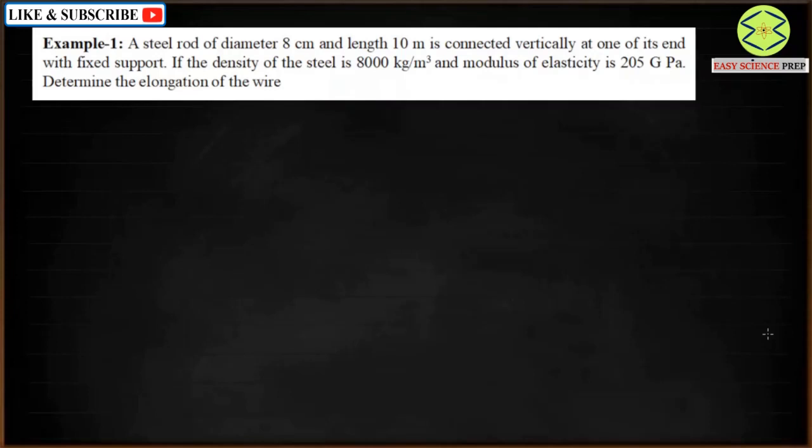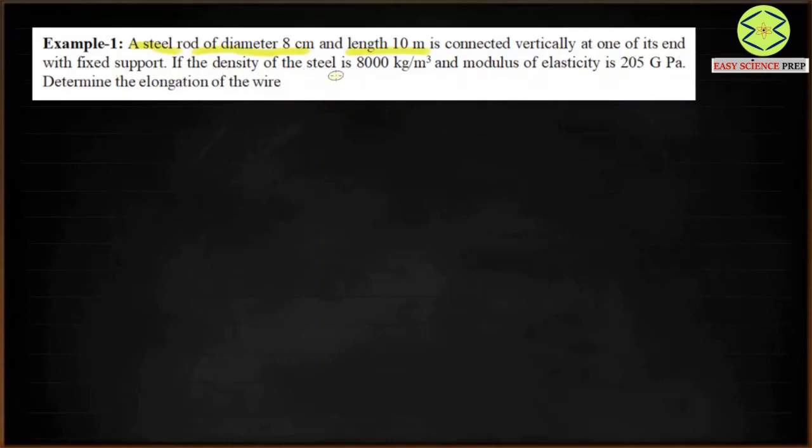Okay, so we would like to solve this problem to understand the concept of deformation or elongation in the bar due to self weight. So let me read the problem for you. We have a steel rod of diameter 8 centimeters and length 10 meters, connected vertically at one of its ends to a fixed support.